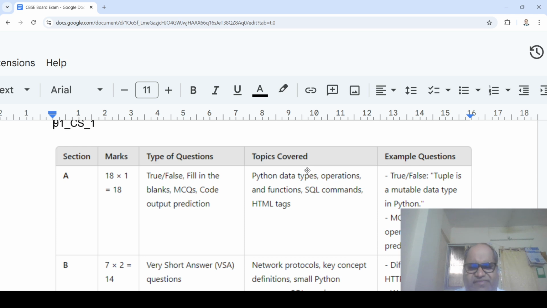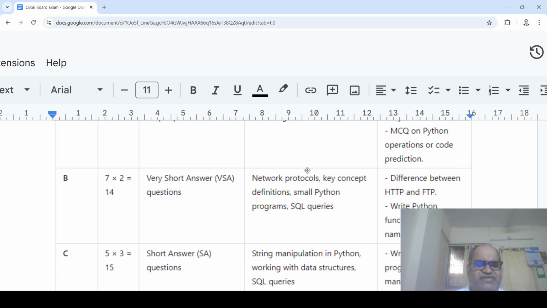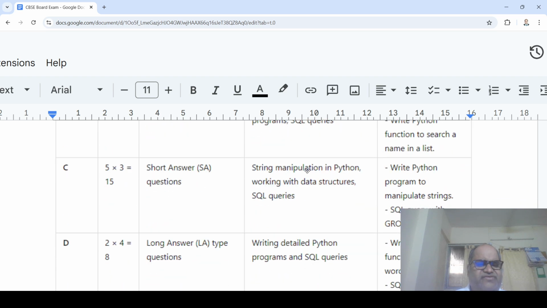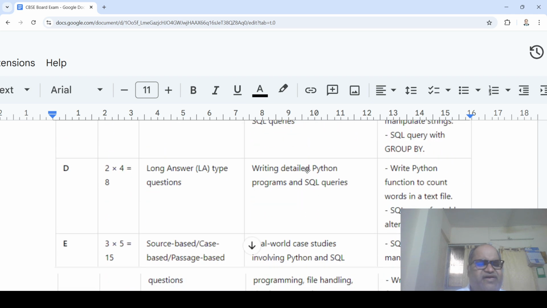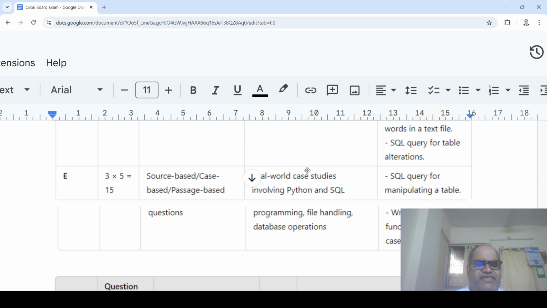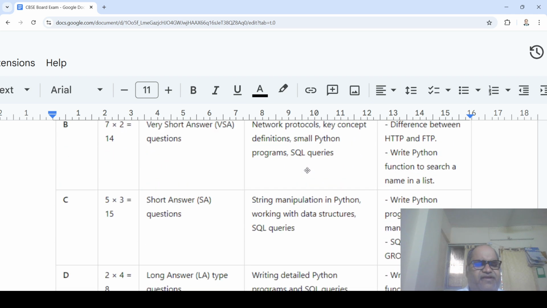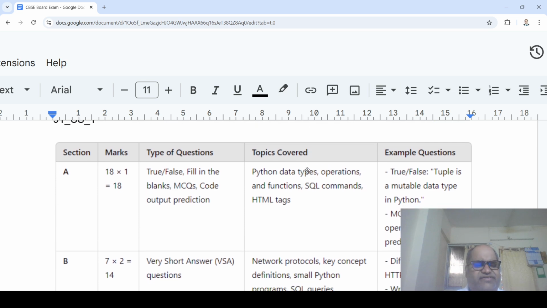In several of your last year papers, the pattern has been 1 mark MCQs broadly in section A, then 2 mark very short answer questions in section B, then short answer questions for 3 marks, typically 5 questions, in section C, then long answers, 4 questions of 4 marks, and case based or passage based questions of 5 marks each in section E. So that's 15, 8, 15, 14, and 18, which makes your 70 marks in the theory board exam.